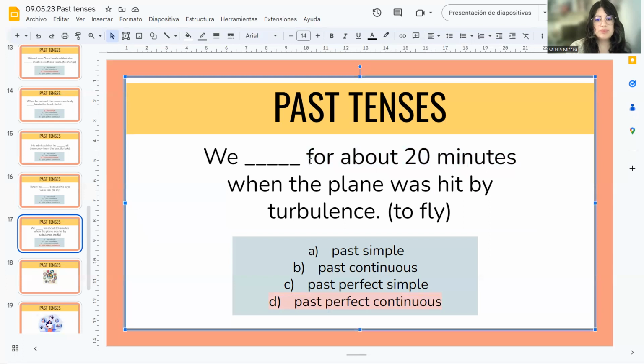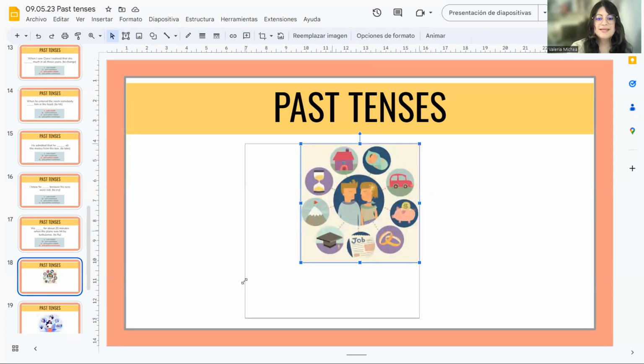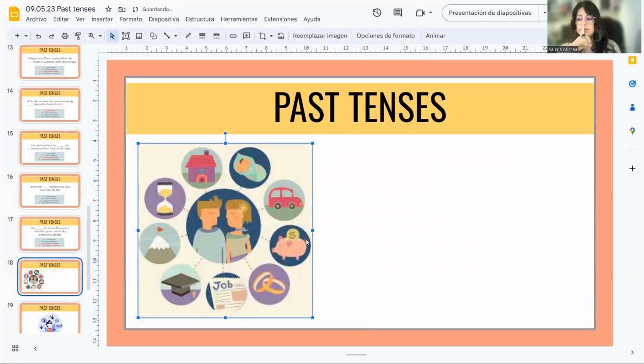I told you that past tenses are called narrative tenses, and they are called narrative tenses for a reason. The reason is that they help us communicate different things that happened in the past, during some time in the past, and they help us organize those actions.